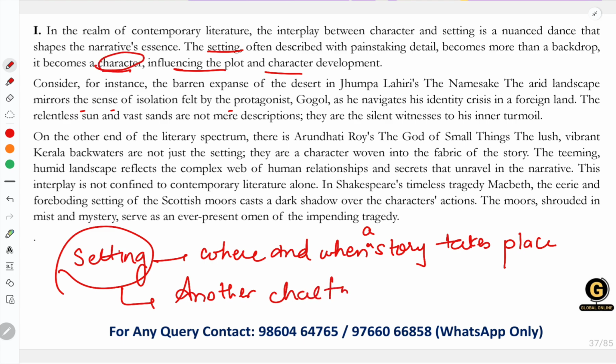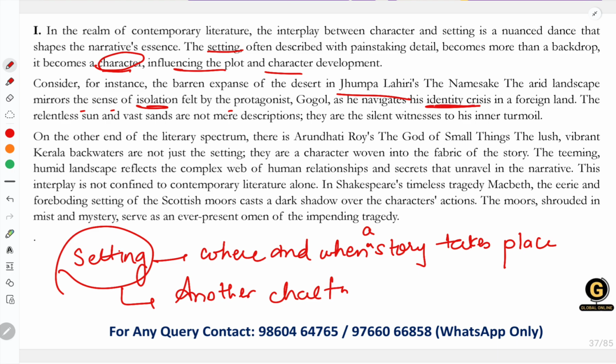The passage gives Jhumpa Lahiri's The Namesake as an example. It talks about a barren desert landscape. The empty, lonely environment of this barren land reflects the protagonist Gogol's feeling of isolation and identity crisis.